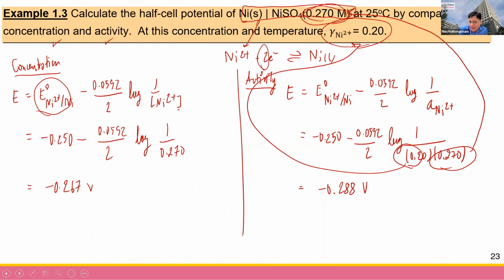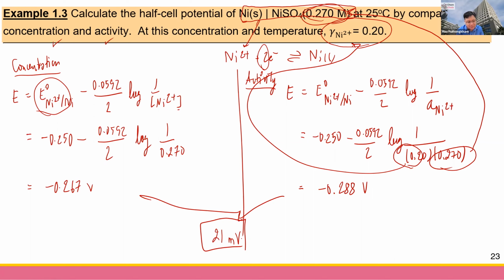So you can see that by using concentration versus activities, the difference in the potential is around 21 millivolts, which may not be too much in some applications, but it's a lot in other applications.